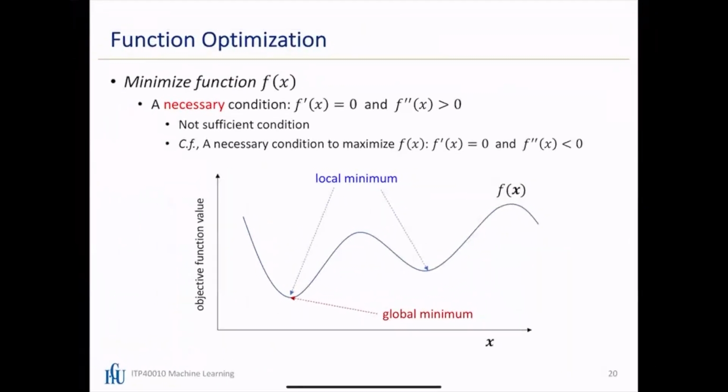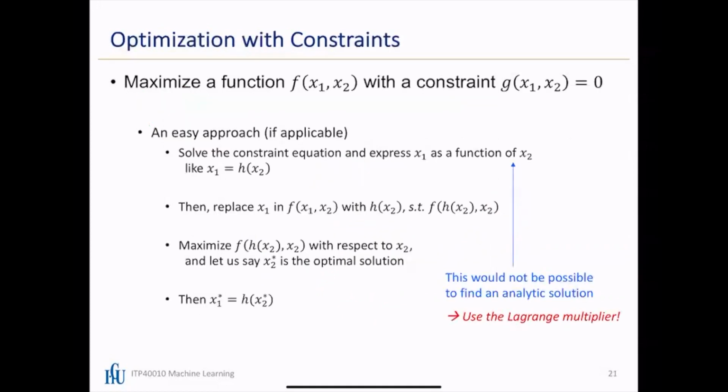And speaking of maximization, so far we talked about minimizing the function f. Sometimes we want to maximize the function. If that's the case, instead of this and this, we want to find one of these spots. And again, the condition is very similar.